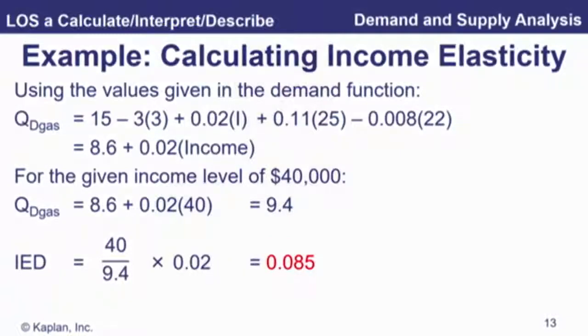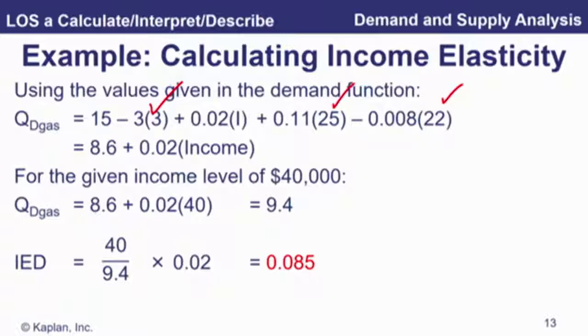And that's what we've done on the next slide. So you can see the quantity demanded of gas was 15 minus 3 times the price of gas, which we've slotted in, plus 0.2 times our income level. Let's just leave that for the moment. Plus 0.11 times the price of bus travel, which we put in, minus 0.008 times the price of cars, which we've also slotted in.